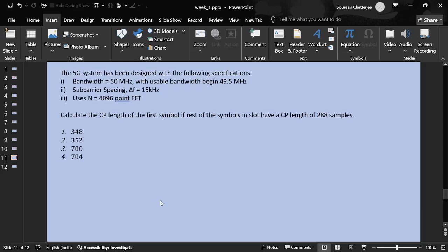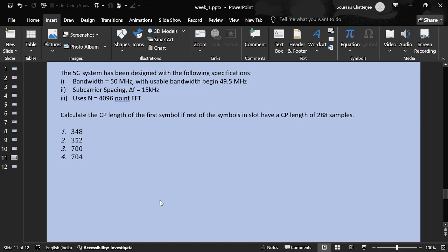How many samples are we going to have in 1 millisecond? One subframe is 1 millisecond, no? Since it's 15 kilohertz, our one subframe and one slot both have a duration of 1 millisecond, right?